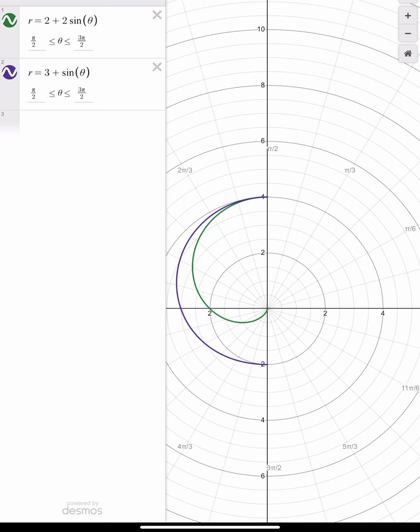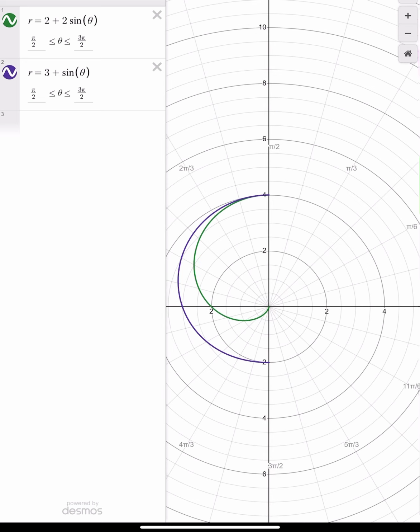I can tell that because with 2 plus 2 sine theta, at theta of pi, 2 times sine of pi is going to be 0. So 2 is our biggest value. So at our angle of pi, 2 would be our piece here.